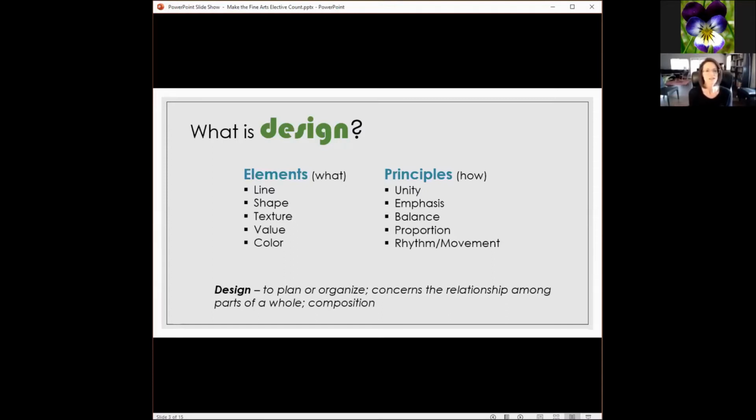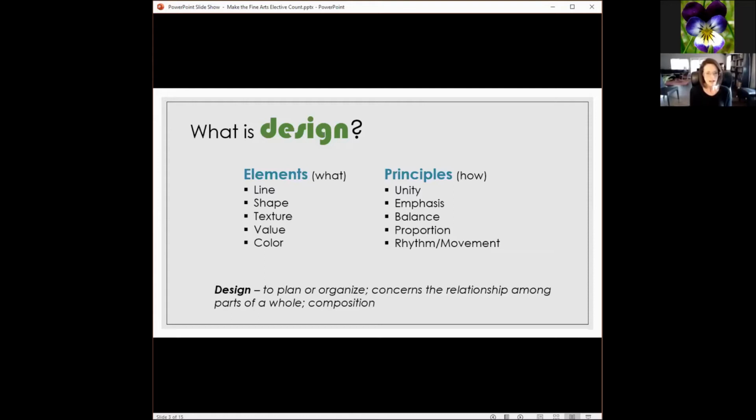You know, design is like super over the edge creative. Well, in the arts, let me tell you how we talk about it. Design is composition. It's putting things together, planning, organizing. It's taking the parts that are going to make something up and giving them a thoughtful relationship.